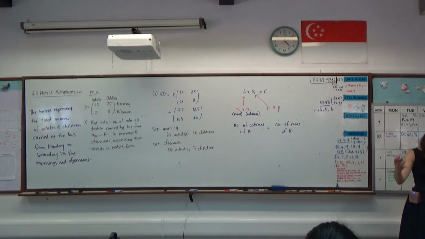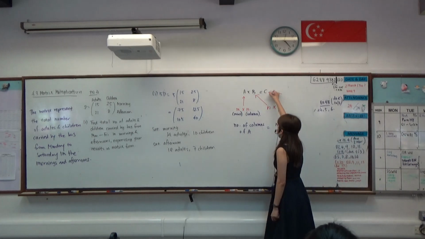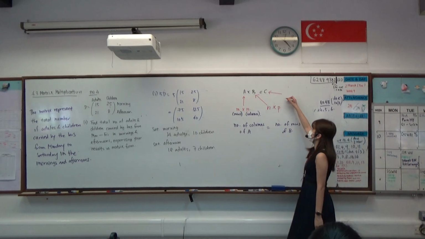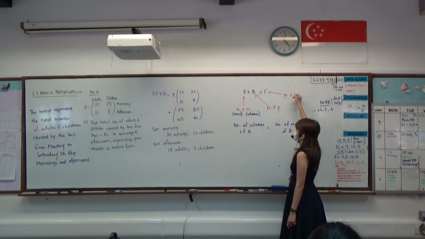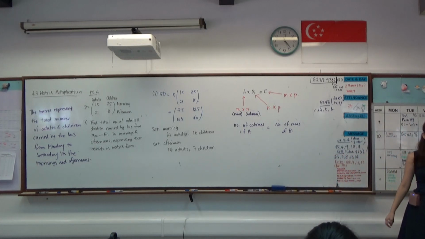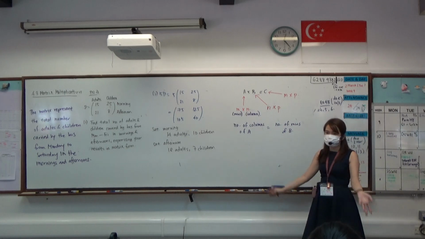I'll explain the mechanics of it later on. Then the order of C, the resulting matrix, will be m by P. m, n, and P are all numbers.